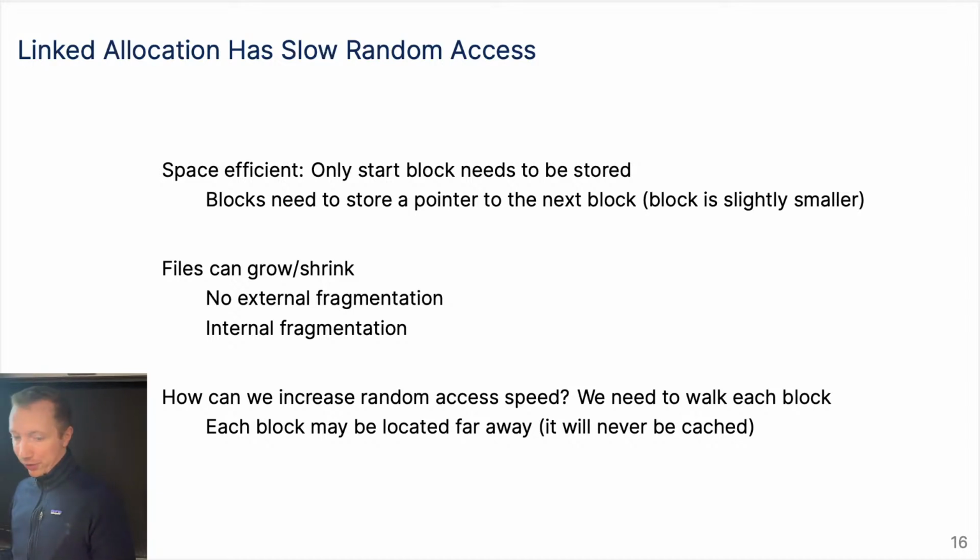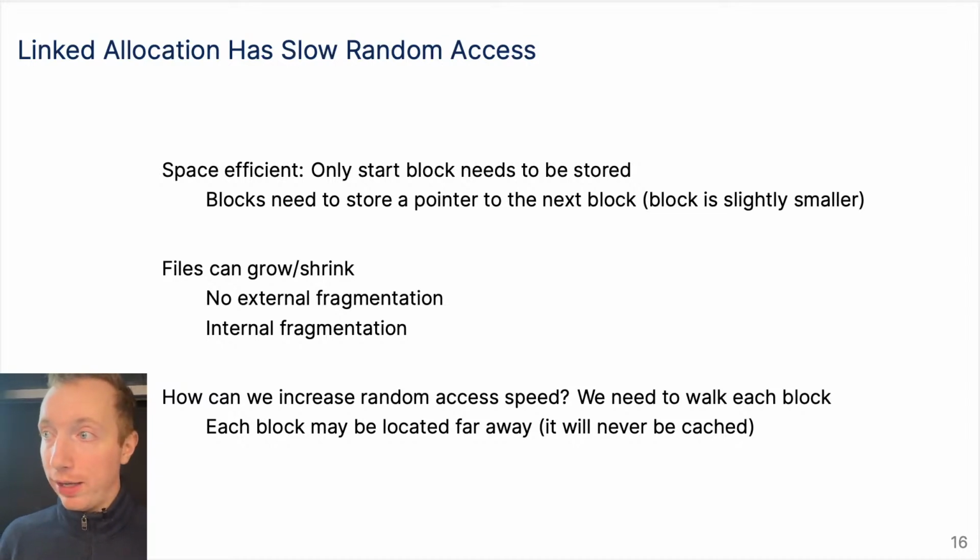But that is also the drawback, where your random access is going to be really, really slow. So to traverse anything, well, I can't just go to block 5 of the file directly. I would have to start at the first block and then traverse all of it until I got to the block that I want to get to.